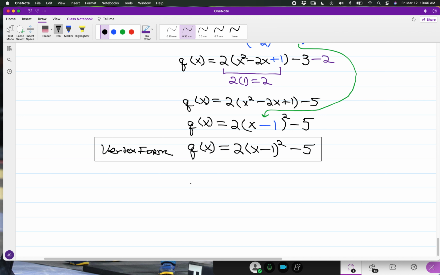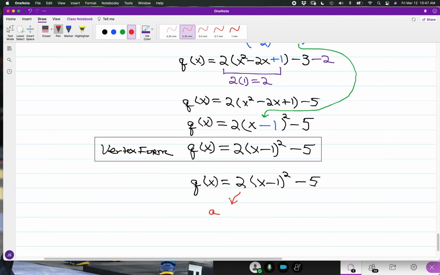Now, in terms of identifying the vertex and the other characteristics, we have the leading coefficient 2. I'll try again.